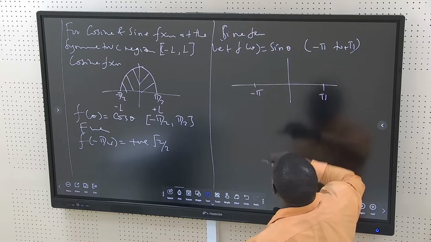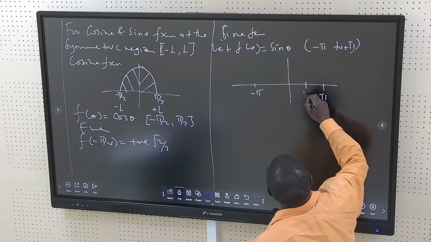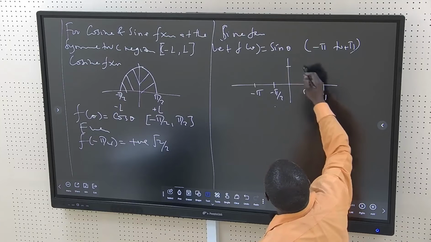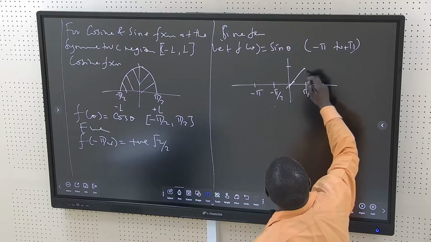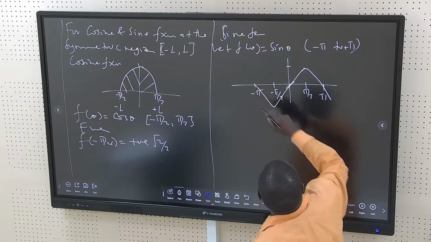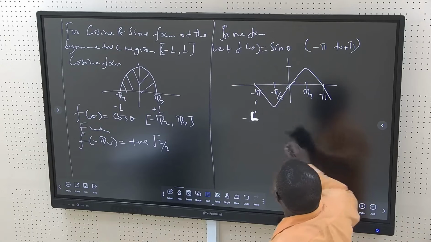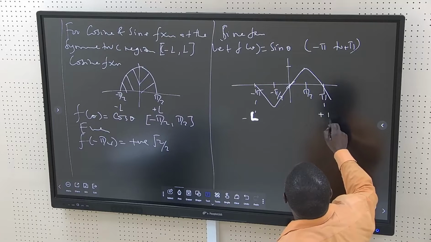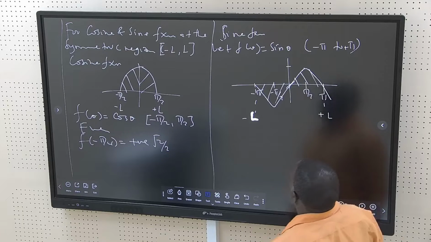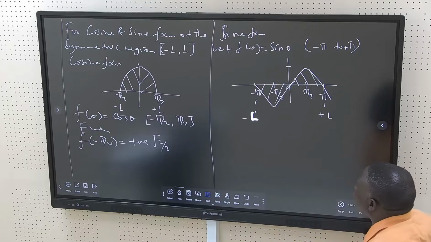For sine, when it is pi over 2, and here it is negative pi over 2, this is when we have the maximum 1. So it is like this, and here it is like this. The symmetric region is from this point, negative L, to this point, positive L. So the region we are talking about is this one. Within this region, let us see if it is negative or positive.